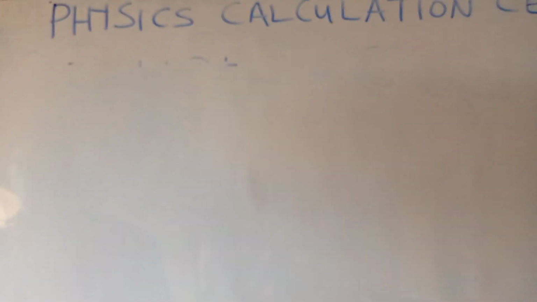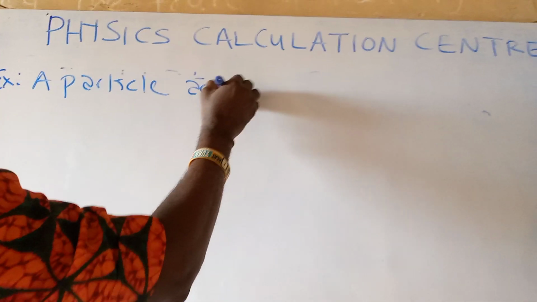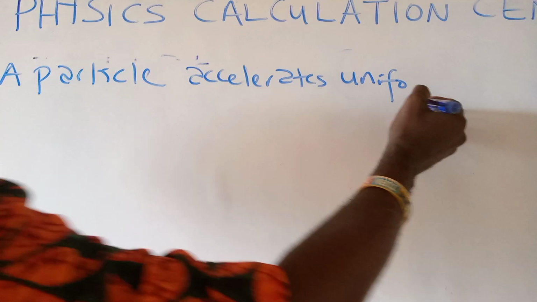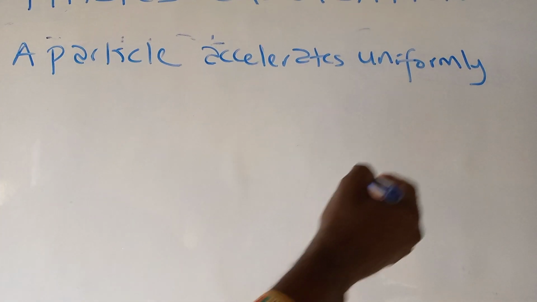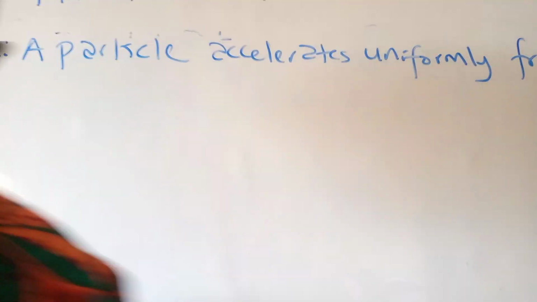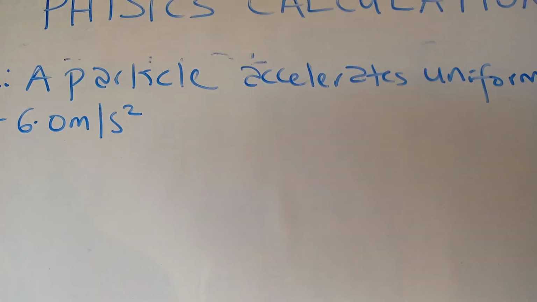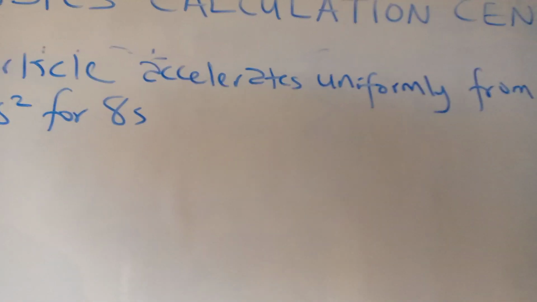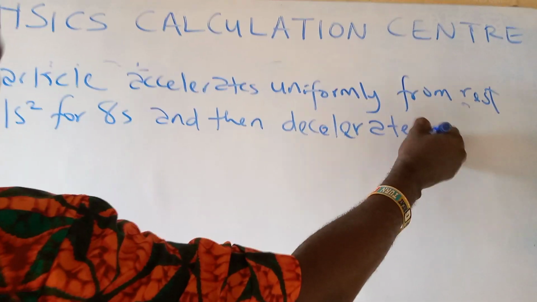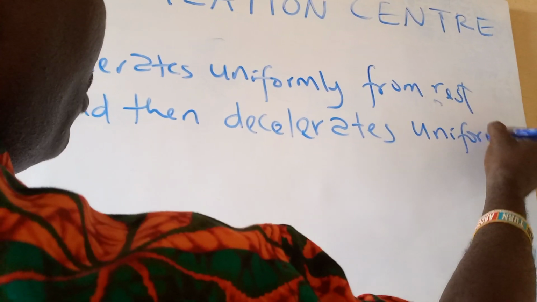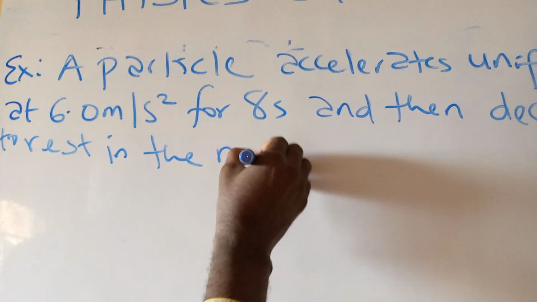A particle accelerates uniformly from rest at 6 meters per second squared for 8 seconds, and then decelerates uniformly to rest in the next 5 seconds.